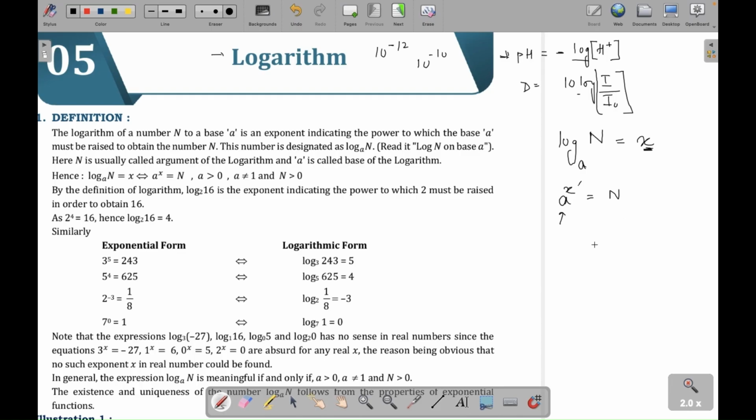For example, if you have log of 1,000 and the base is 10, can you tell me the value that you may get? What does this mean? This means exponent. What power should you raise 10 to so that you get 1,000?